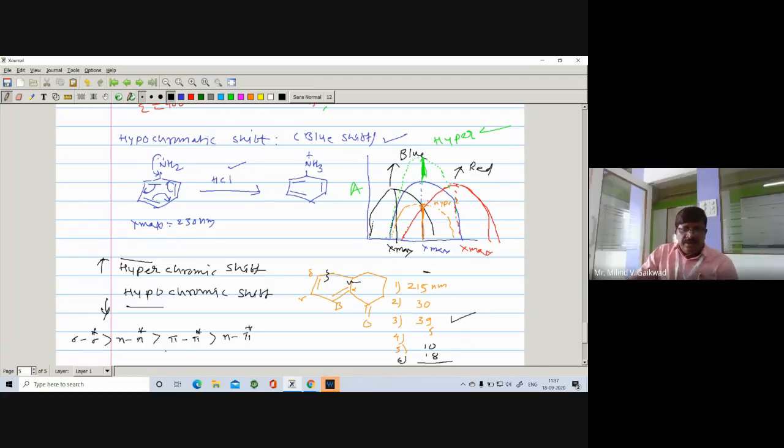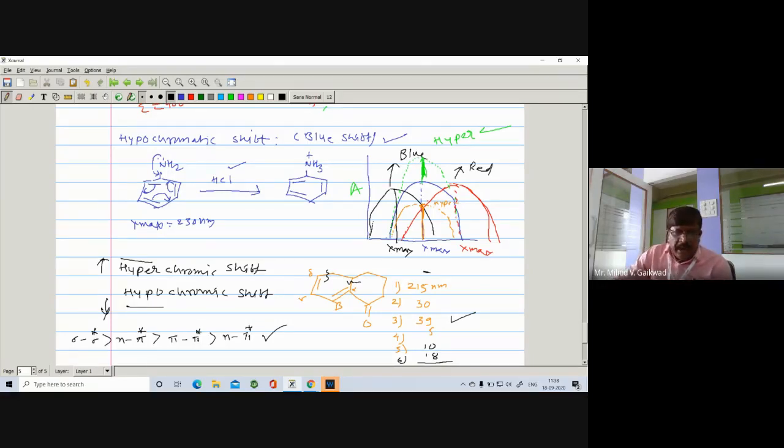Right? So this is the sequence. Sometimes instead of giving 4, they may give 2 or 3, and ask you to arrange in increasing or decreasing order. So remember this sequence. Of course, they'll ask one question on this, the increasing or decreasing order of the electronic excitation.